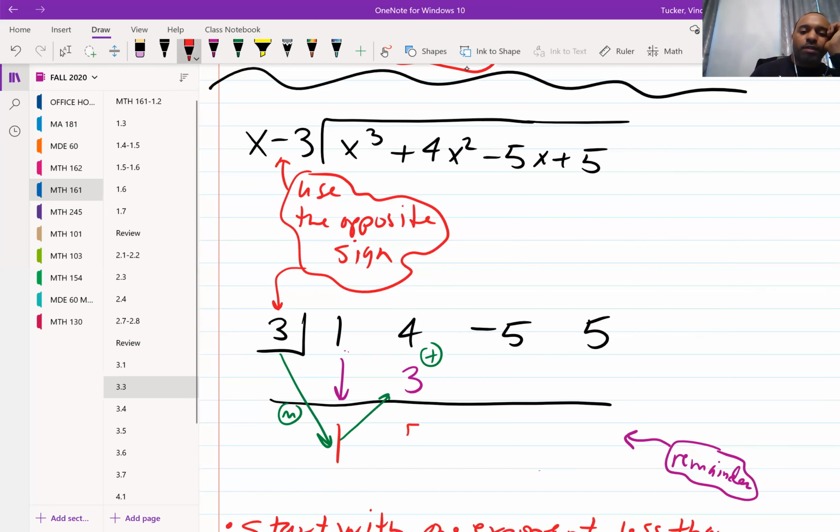So 4 plus 3 is 7. Then 3 times 7 is 21. Add these together: 16. 3 times 16 is 48. 5 plus 48 is 53. Circle that. That last number is your remainder.